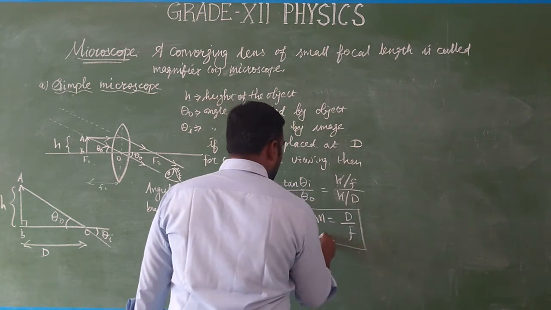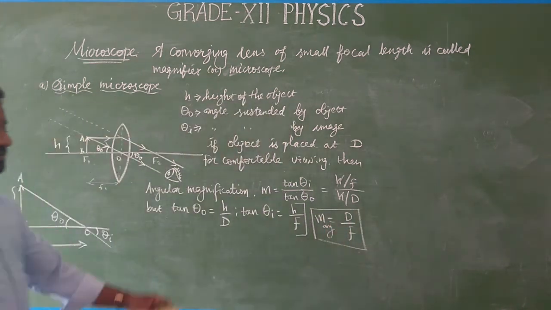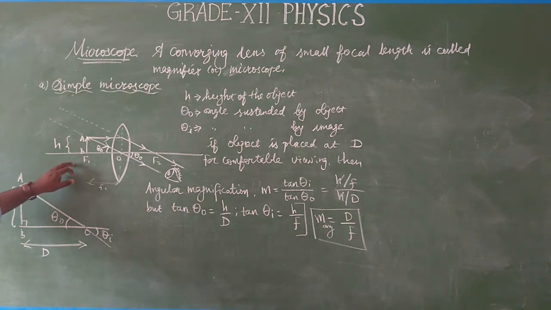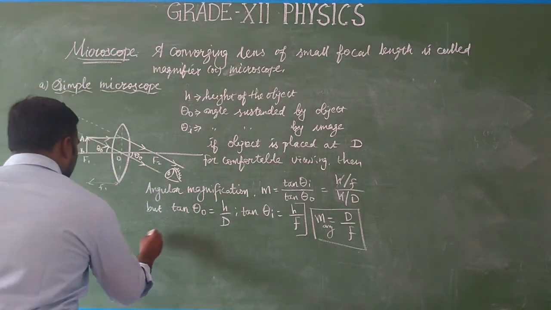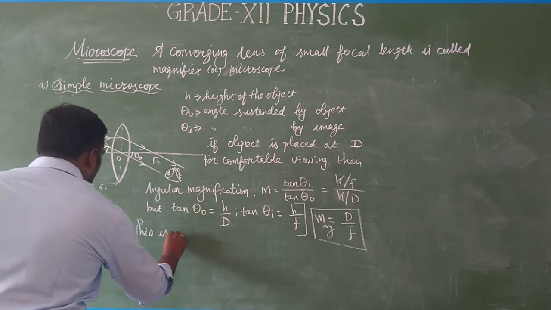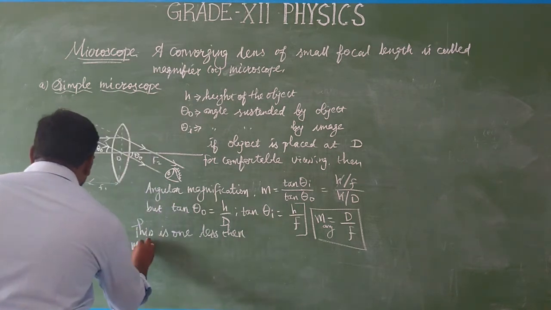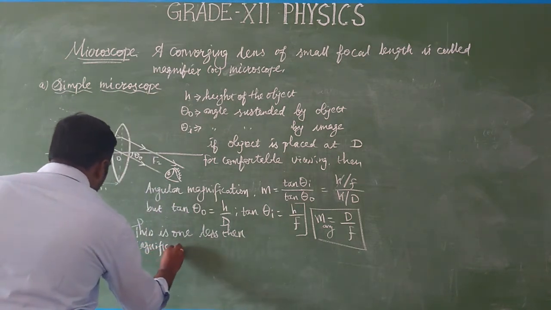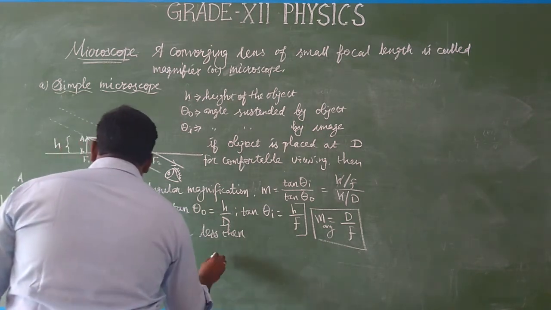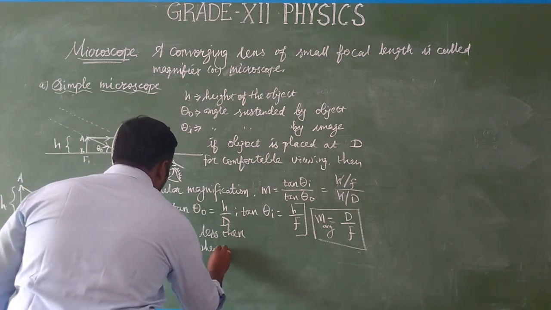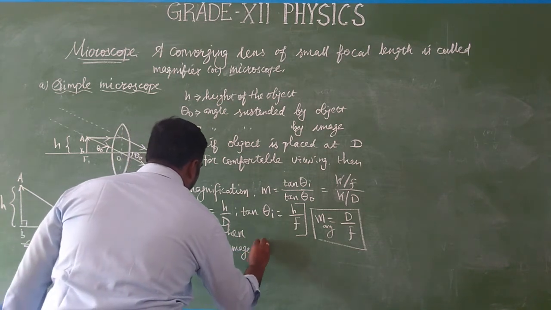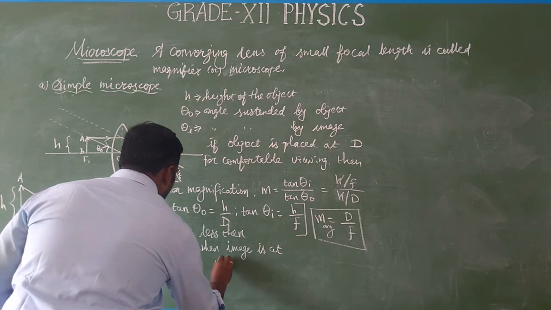So hence, we obtain the angular magnification. The angular magnification in this case, for comfortable viewing when the object is placed at D, is equal to the least distance of distinct vision divided by the focal length. This is one less than the magnification when the image is at near point.